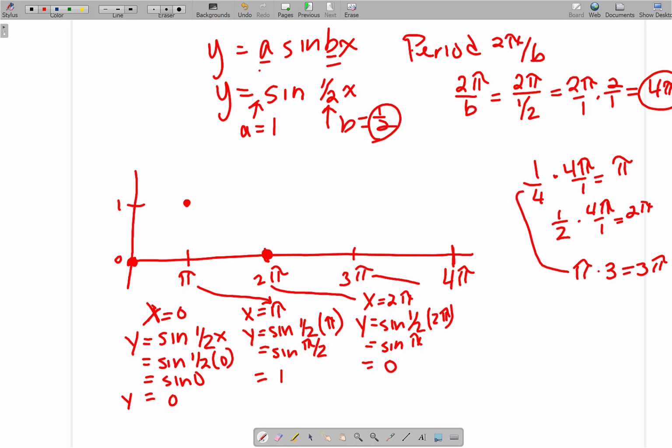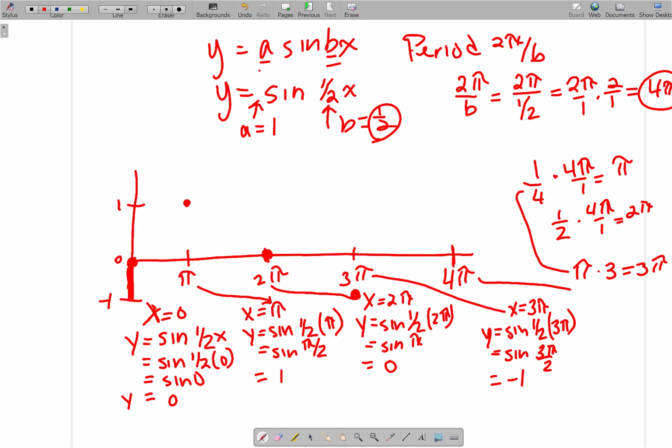Now let's do 3 pi. If x equals 3 pi, we have y equals the sine of 1/2 times 3 pi equals the sine of 3 pi over 2, which is 270 degrees, and that is going to be -1. So for 3 pi, we've got to go down here to -1. And then let's do our 4 pi.